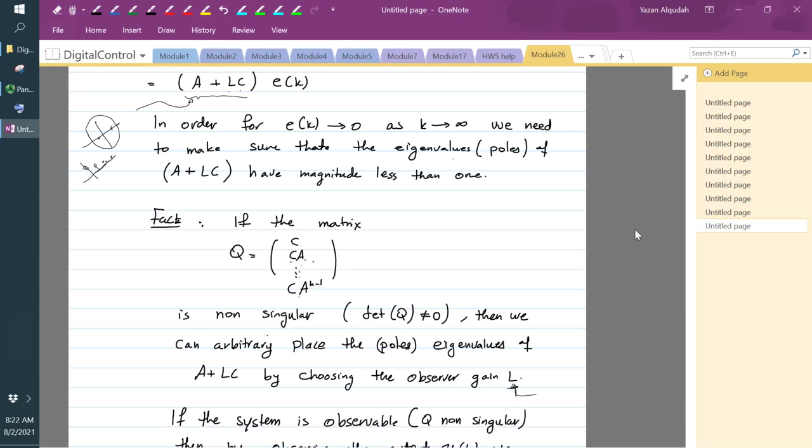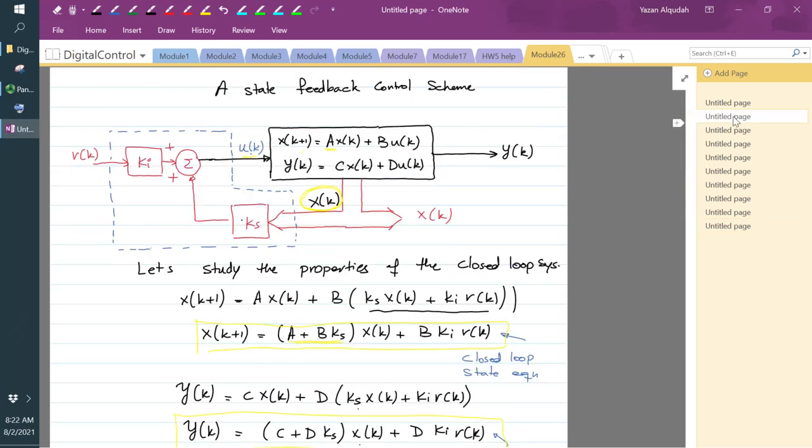Now, if I have a system where I do not have access to any of the system states and I want to design a controller for it, I can design an observer. The observer is going to just take the output of the system and, based on the knowledge of the system, estimate the states of the system, and then I can use the estimates of my states in the feedback to design the controller.